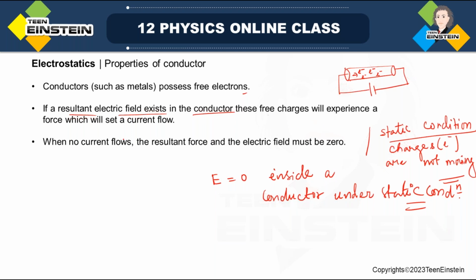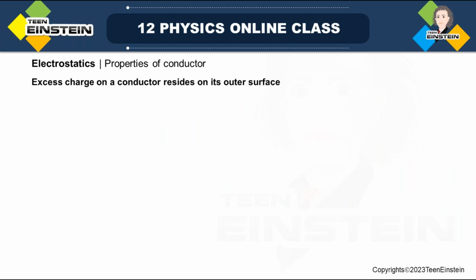So these are a few very general aspects, and based on these aspects we'll be able to prove a few more important properties which are really interesting to learn. So what are those? First of all, the first property of a conductor, which you should remember is under static condition: excess charge on a conductor resides on its outer surface. What does this mean?